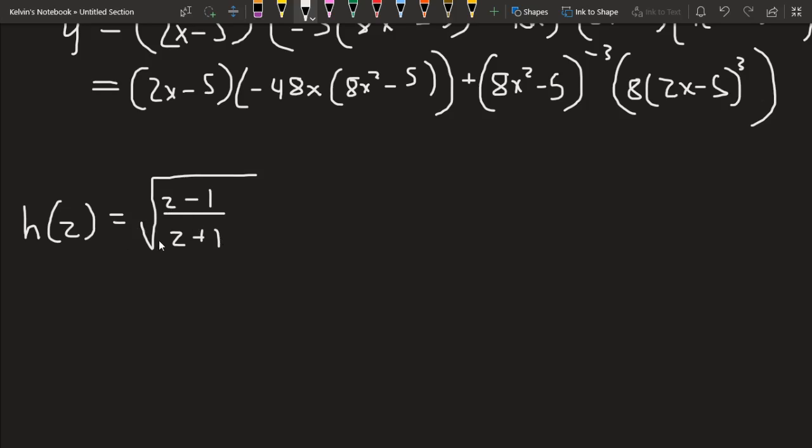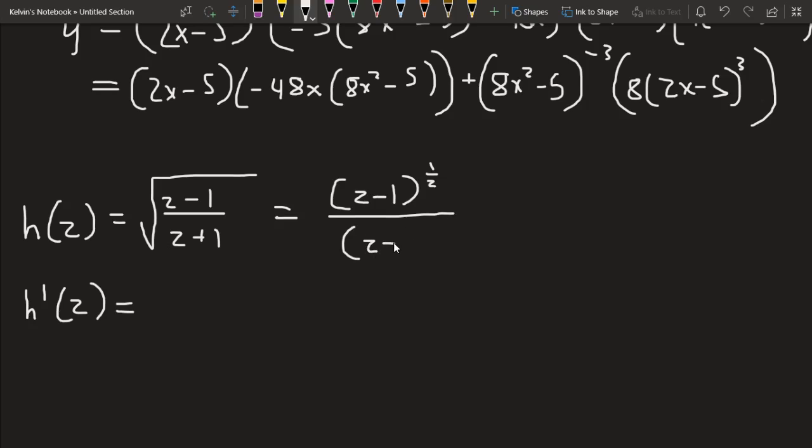So in order to do this problem, what we'd have to do is find h prime of z. For this problem, this is the same thing as (z minus 1) to the 1/2 over (z plus 1) to the 1/2.